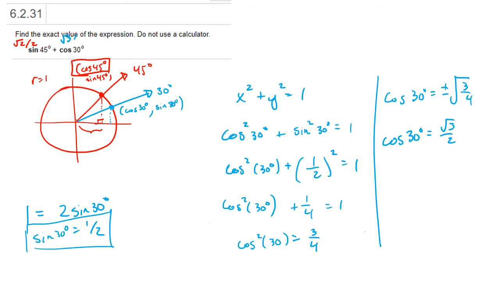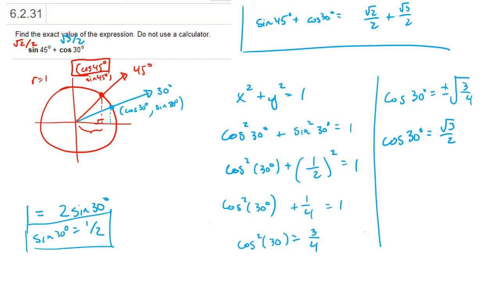So here we have root 3 over 2 as an exact value for the cosine of 30 degrees, which means, finally in the upper right, the sine of 45 degrees plus the cosine of 30 degrees is equal to, sine of 45 degrees was exactly root 2 over 2, cosine of 30 degrees was exactly root 3 over 2. I can combine these, they already have a common denominator, root 2 plus root 3 over 2. There is the exact value. And again, if you punch this into a calculator and it's not giving you exactly that, it's because you are accidentally in radians mode. These angles should be entered in degrees because they have the degrees sign.